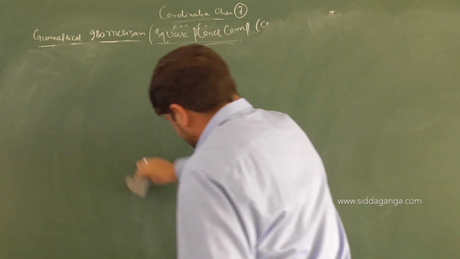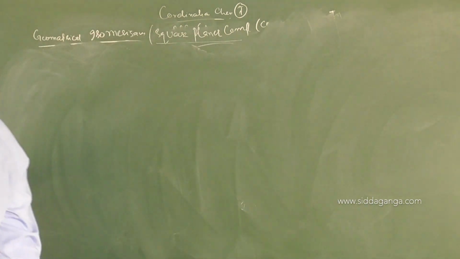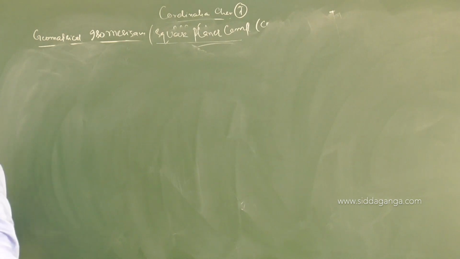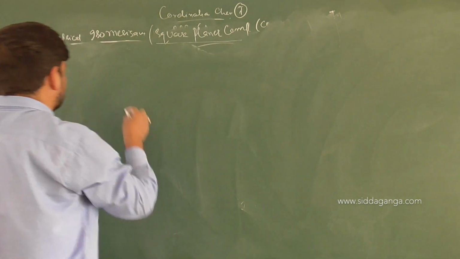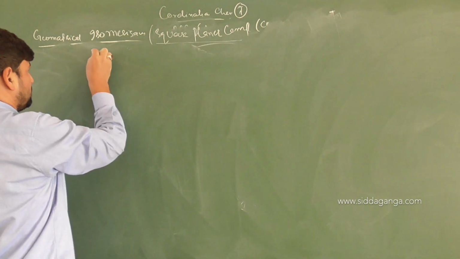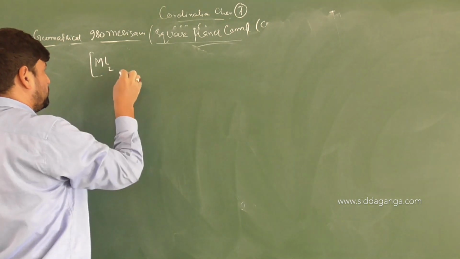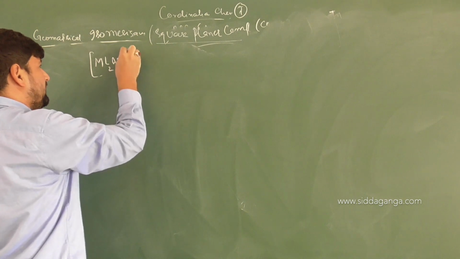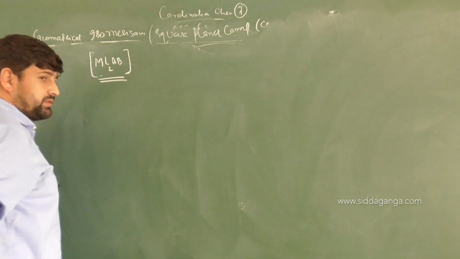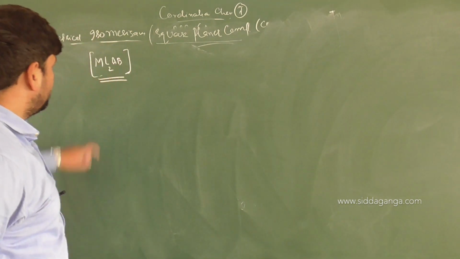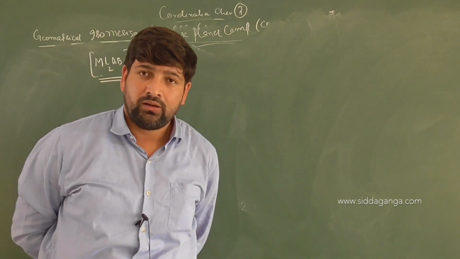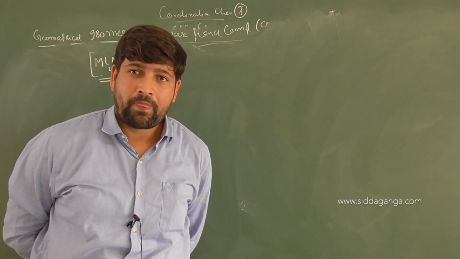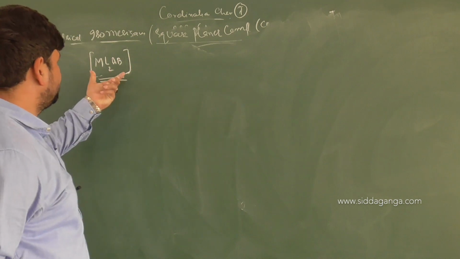Keep it in mind, square planar complexes with dsp2 hybridization. If we have a complex of this type, children, ML2AB type of complex, will it show any isomerism?